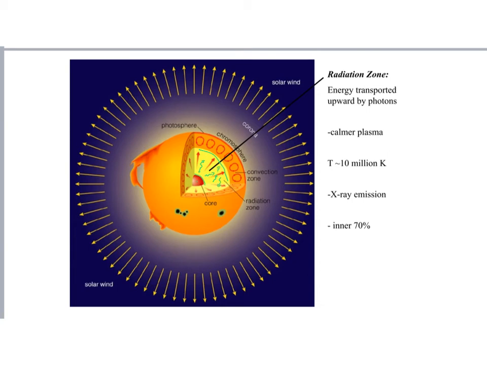They're produced in the core, and after that they actually dance a lot before they make it into the convection zone and then the photosphere, chromosphere, and so on. So it's a much calmer plasma here. All right, so this is where the energy is transported upward by photons, but very, very slowly.